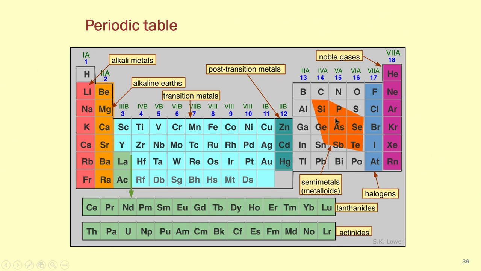For example, silicon, phosphorus, selenium, arsenic, all these things are semi-metals, also known as metalloids. So, all these kinds of elements, he was able to put forward in terms of atomic weight, and he made some intuitions. He also suggested that some of the elements are not found.